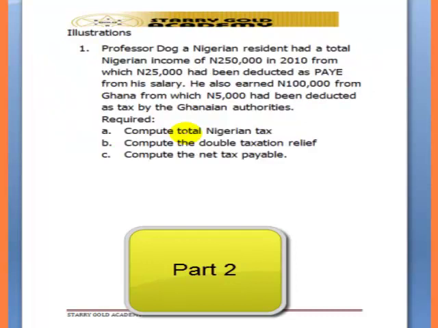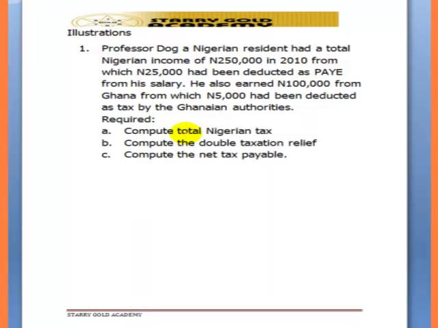So let us look at the following illustration. Professor Dog is a Nigerian resident. Professor Dog, a Nigerian resident, had a total Nigerian income of 250,000 naira in 2010, from which 25,000 naira had been deducted as PAYE from his salary.